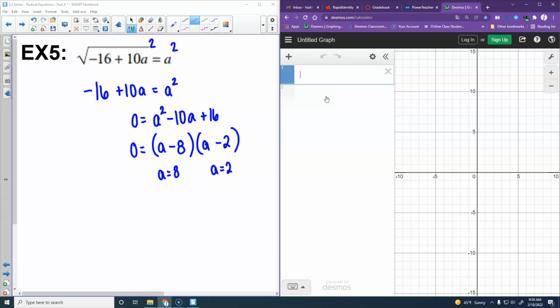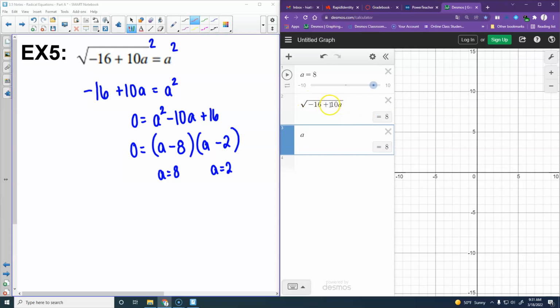So let me show you this on Desmos. If you want to do this really quickly on Desmos, I put in one of my answers first, a equals 8, and then I've typed in one side of the equation, the square root of negative 16 plus 10a, and it's plugging in the 8 for the a for me there, which you could do in your head pretty easily.